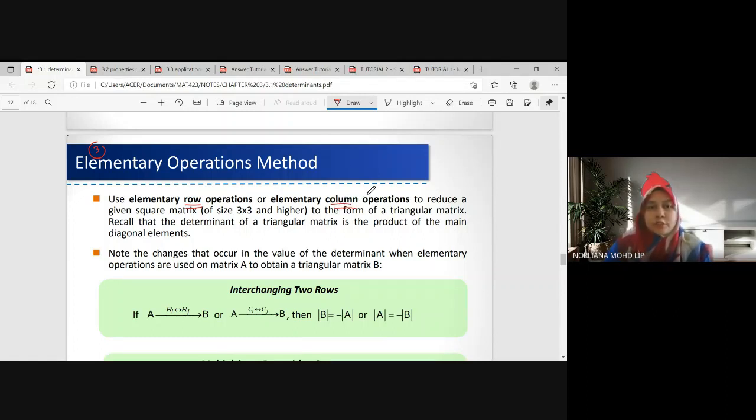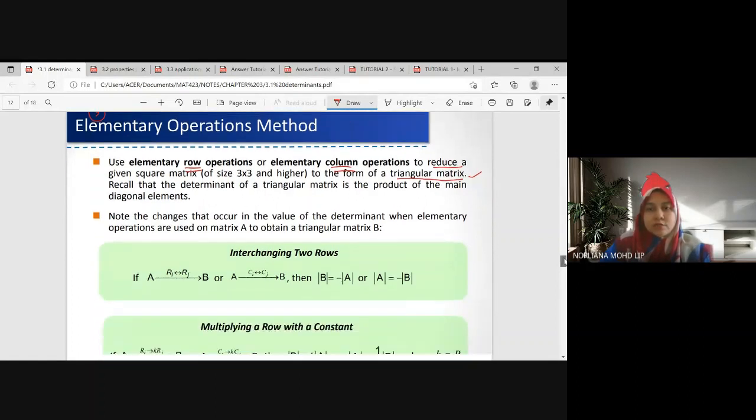You have to reduce this matrix into a triangular matrix. Once we have found the triangular matrix, the determinant is equal to the product of the main diagonal.